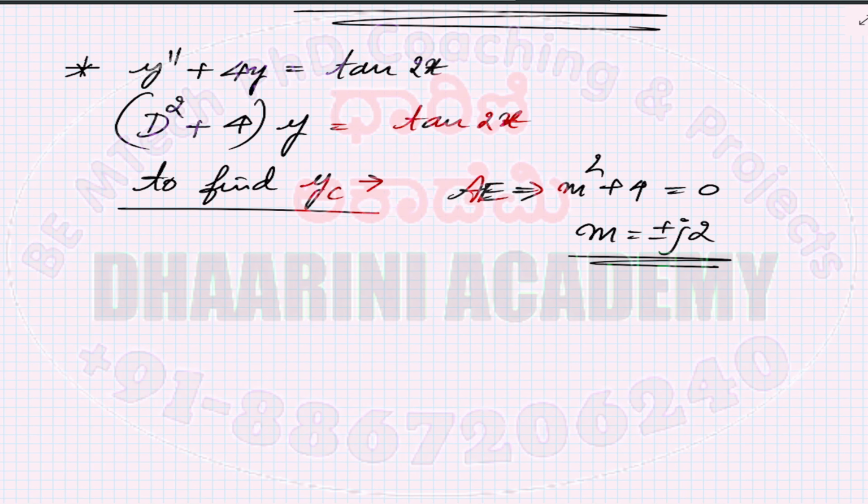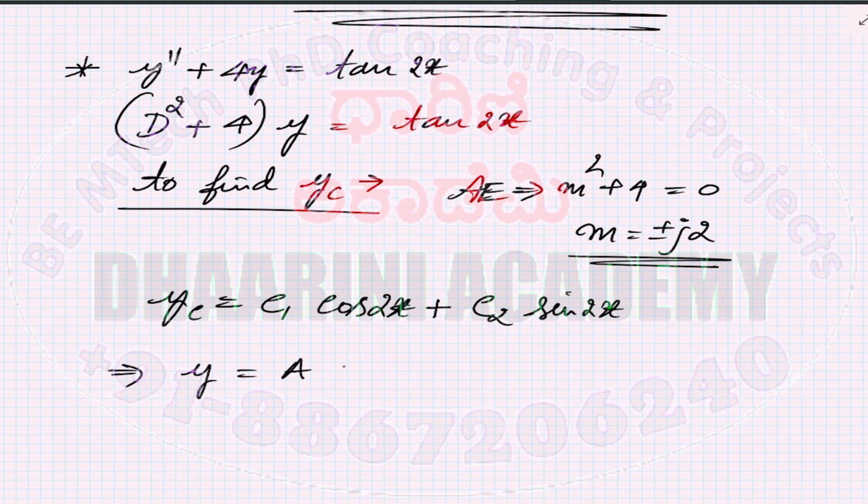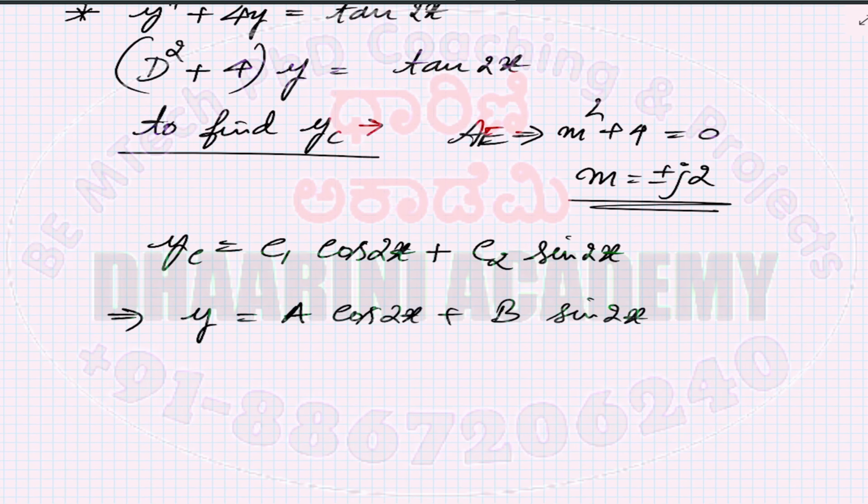As the roots are complex conjugates, I can write yc as a constant c1 into cos 2x plus another constant c2 into sin 2x. So I can directly write y, which is equal to a cos 2x plus b sin 2x.